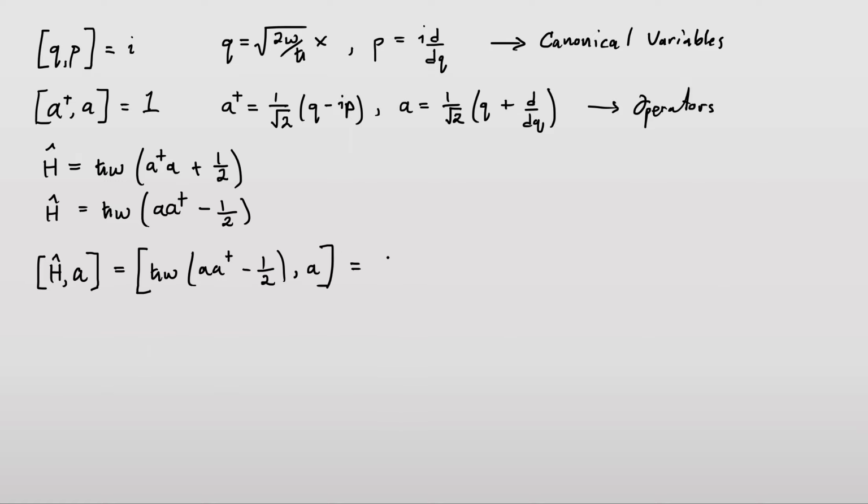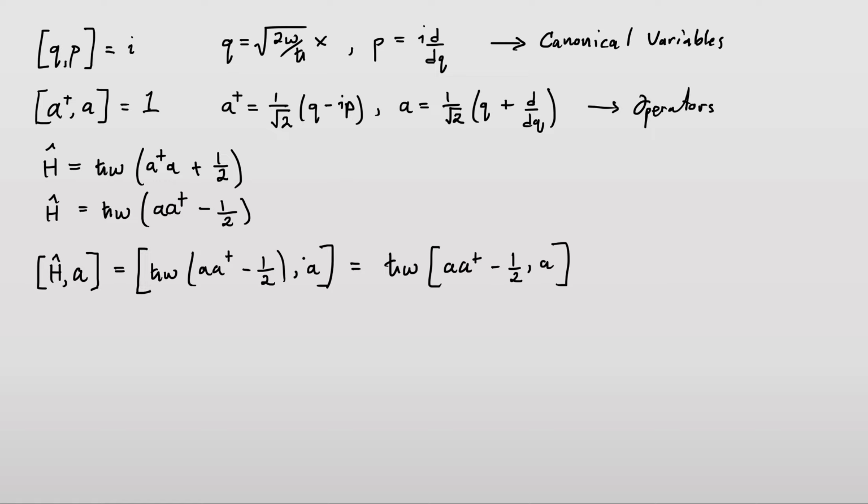And this is equal to h bar omega times a dagger minus 1/2 times a. Because these are constants, right? You can go to any online source and find that we can pull constants out. This is a property of the commutators.